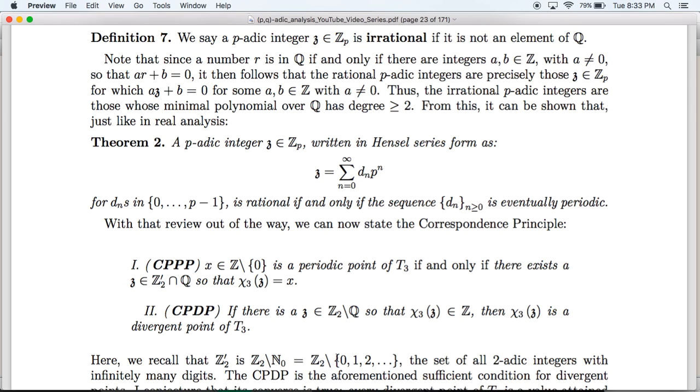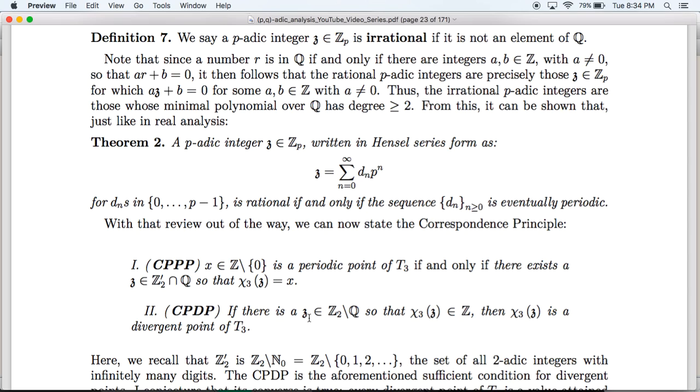That's Z_2 take away the non-negative integers. So the periodic points are precisely the rational integer values that chi_3 takes over Z_2'. By rational integer, that's my fancy number theorist way of saying an integer in this set, Z, the integers of the rational numbers. As you said, we can distinguish between rational integers and p-adic integers, so that's why the term exists.